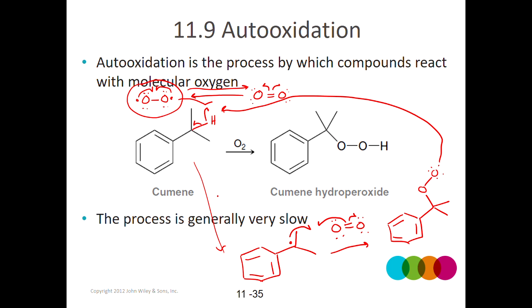So we really need to avoid it altogether or try to cut it short once it starts, because once it starts, if it goes out of control, then a lot of these molecules can be converted into this unstable product in a way that we can't reverse very easily.